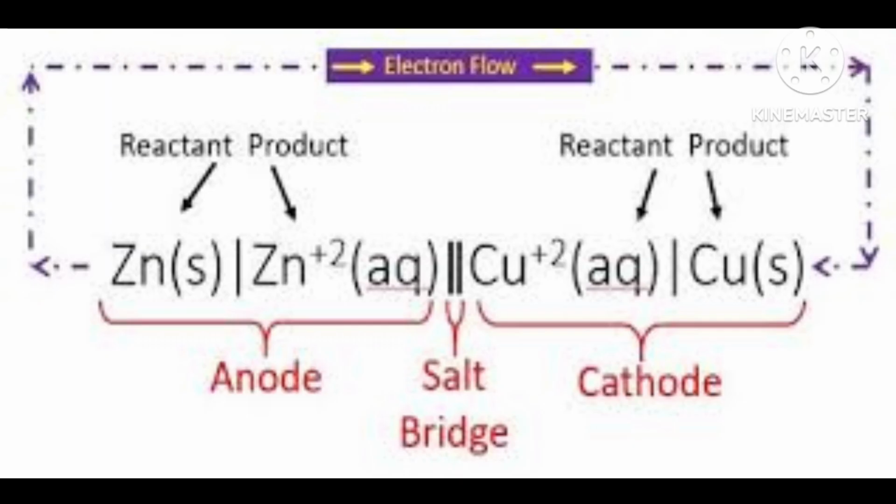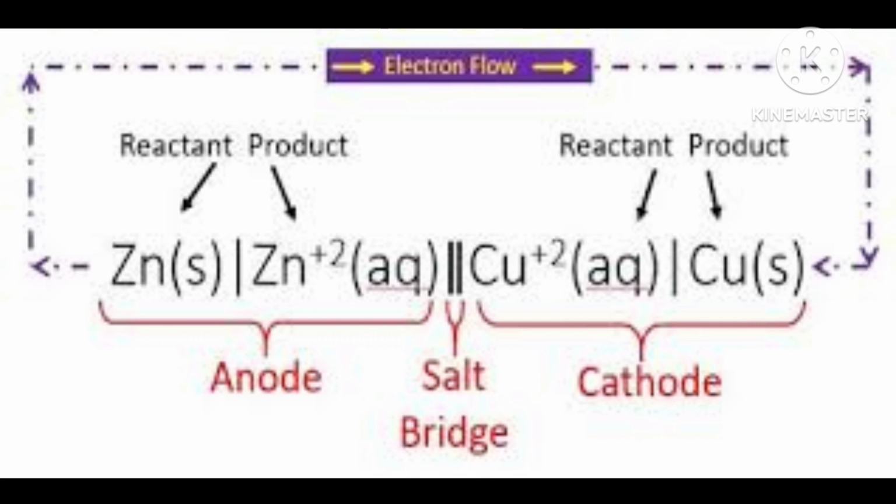Suppose hydrogen gas you have taken on the right side, ER, and the left side you write first. Suppose you have taken Zn. Then this difference, ER minus EL, you have to write the value.